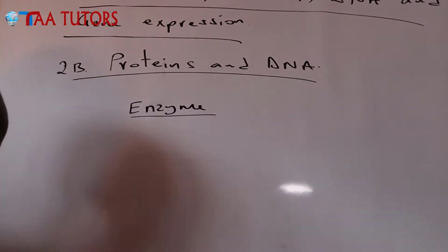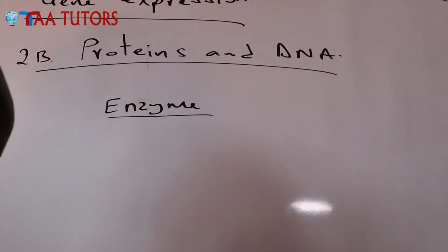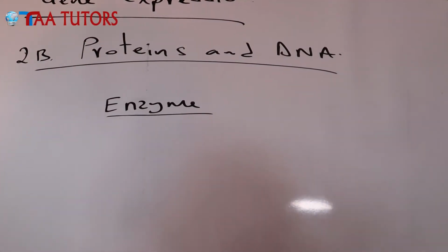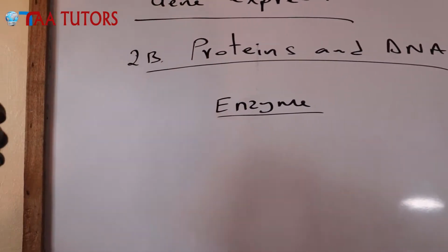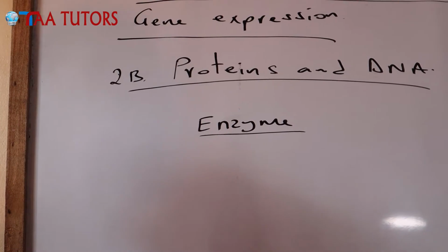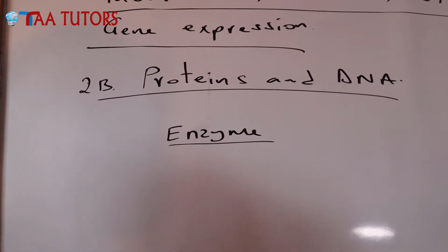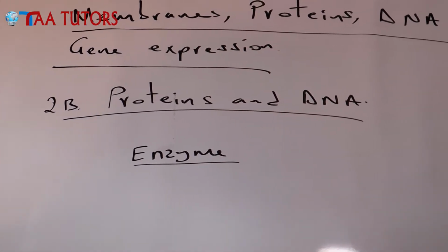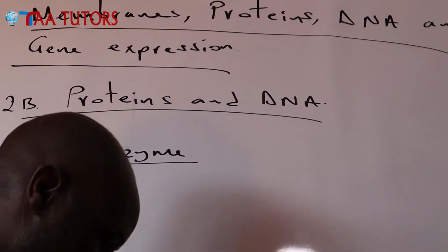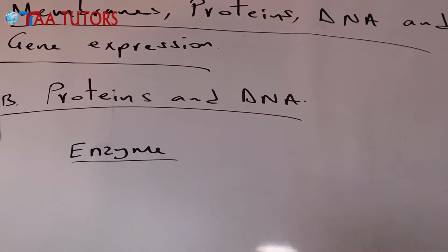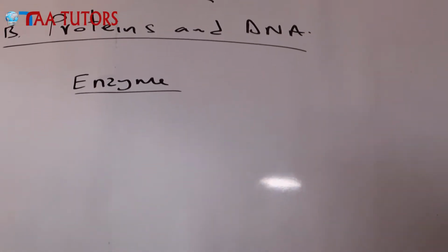Now I want you to remember that in the study of biochemistry, it's important that we realize that there are reactions that take place inside the cell. These reactions normally make cells get important things like the energy that they need and formation of new materials. In most cases, these reactions are very slow.